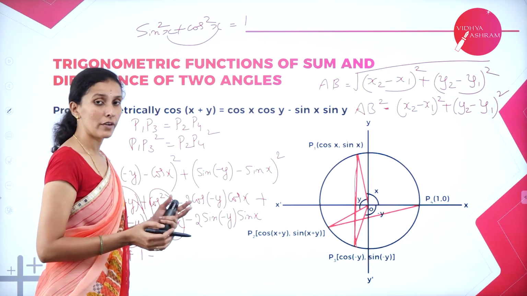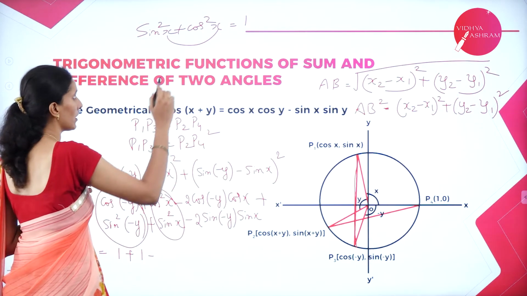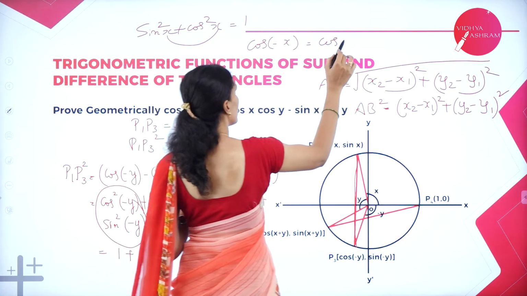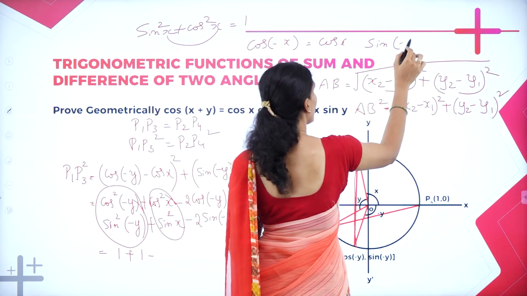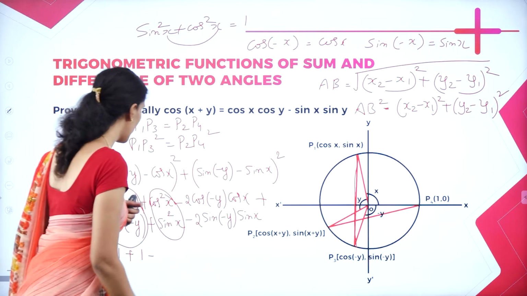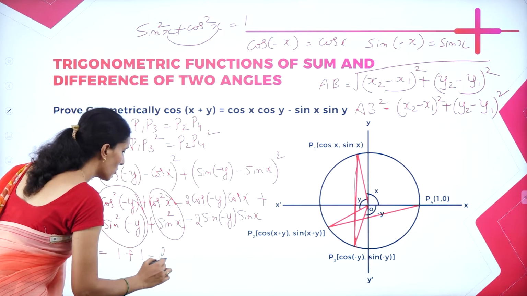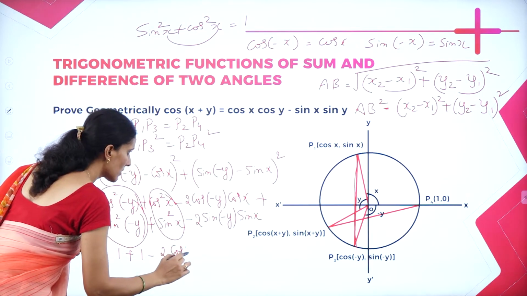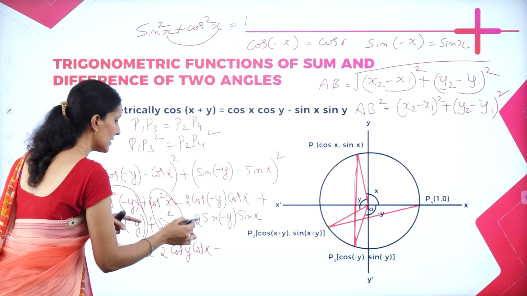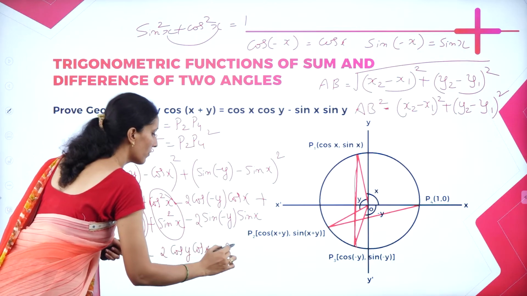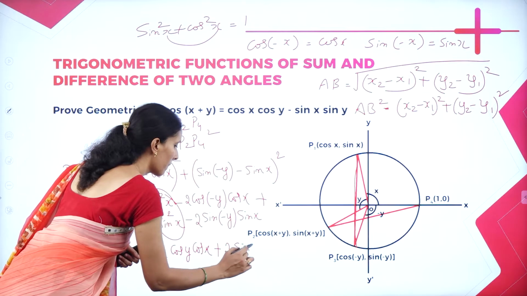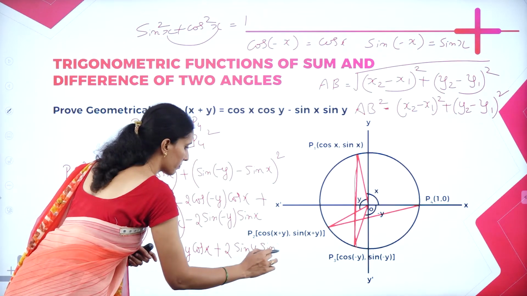Now coming here, you have cos of minus y. What is cos of a negative angle? It is positive. That is, cos of minus x is cos x and sine of minus x is sine x. So therefore here I'll write 2 cos y cos x, and here, since sine of a negative is minus, it becomes plus 2 sine y sine x.